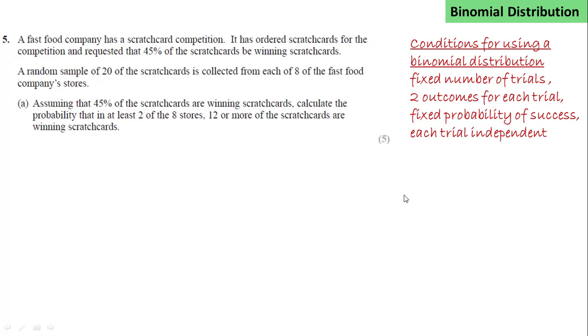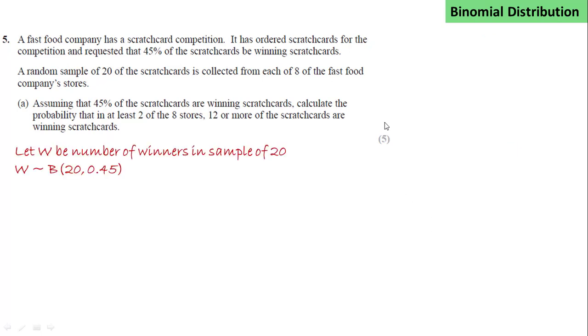The first is, if we take a sample of 20 cards, we want to work out the probability that 12 or more are winning cards. So if we let W be the number of winners in a sample of 20, then W will be a binomial distribution. So it will be 20, the number of trials, and the probability of success in each case will be 0.45.